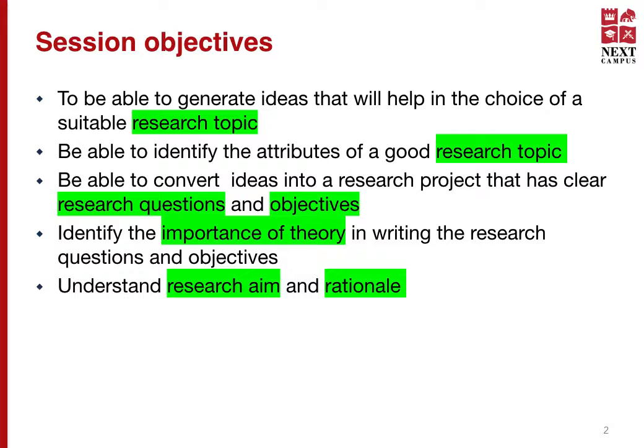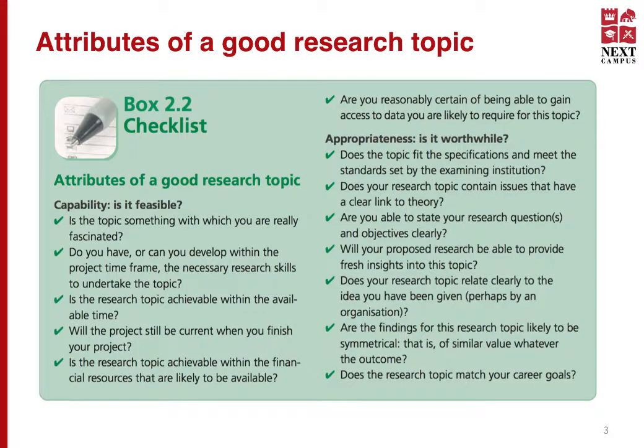These are the 5 areas which we like to discuss today. So let's first look at what are the attributes of a good research topic. We have taken box 2.2 checklist from the Saunders core textbook. If you look at the attributes of a good research topic, we could discuss it under 2 broad criteria. One is capability.